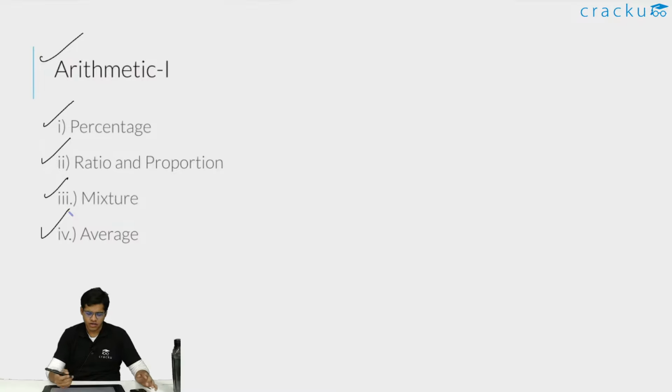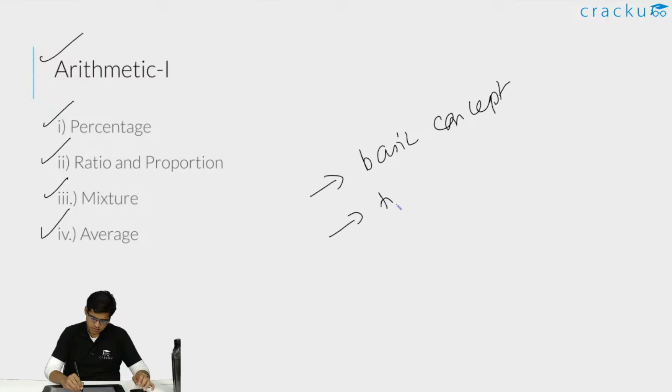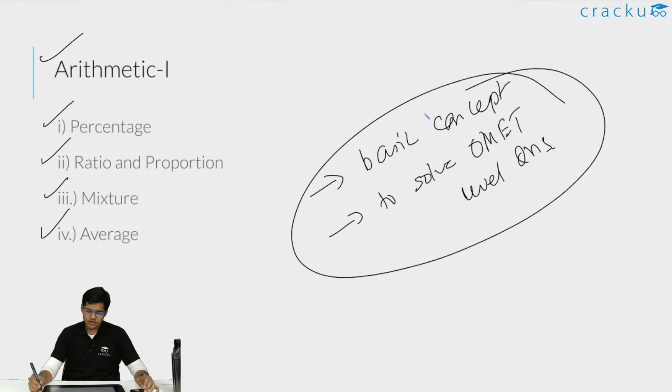The basic idea of today's session is to give you a basic concept, and secondly to solve OMET level questions. And today's session will be more than 3 hours. So yeah, let's start.